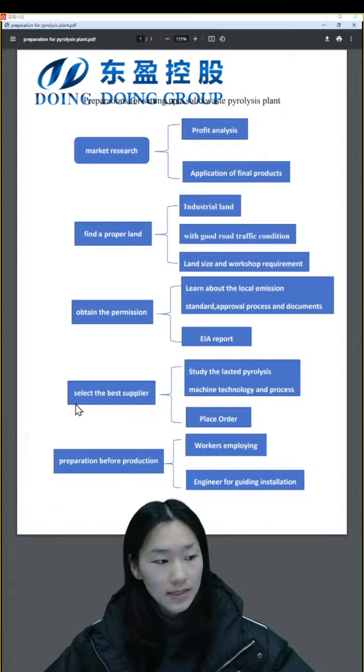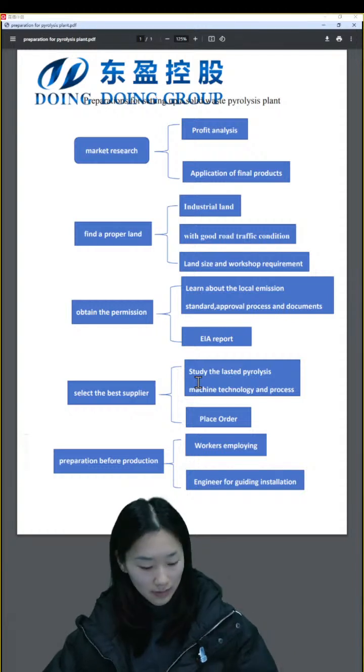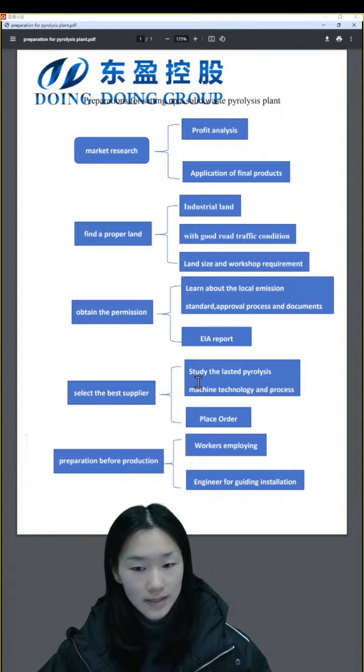Then you can select the best supplier online. Many customers know the pyrolysis machine well.